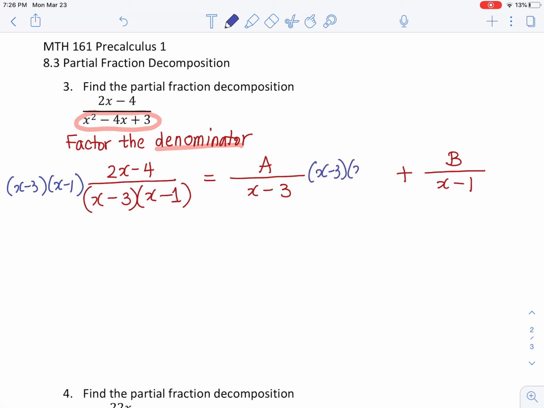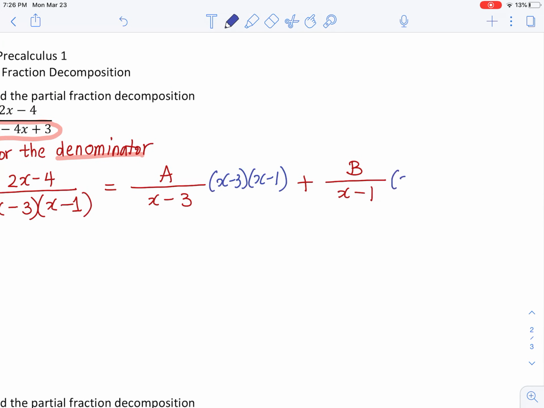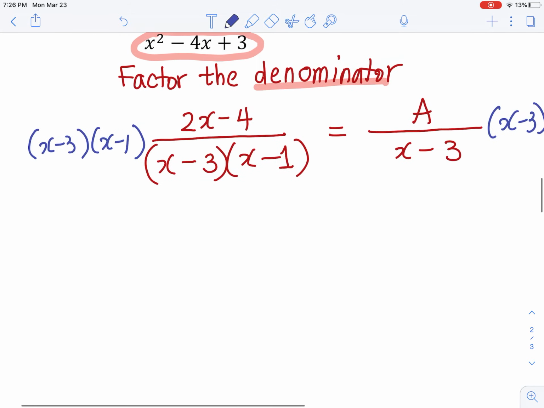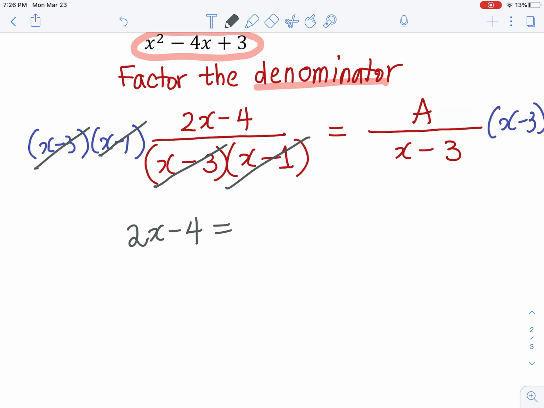Alright, now time for us to cancel out some terms here. Notice how x minus 3 cancels out, x minus 1 cancels out. We're only left with the numerator, 2x minus 4.